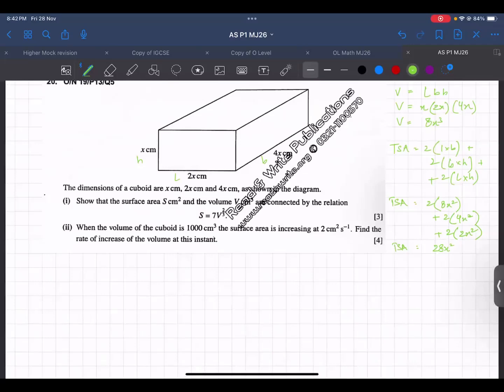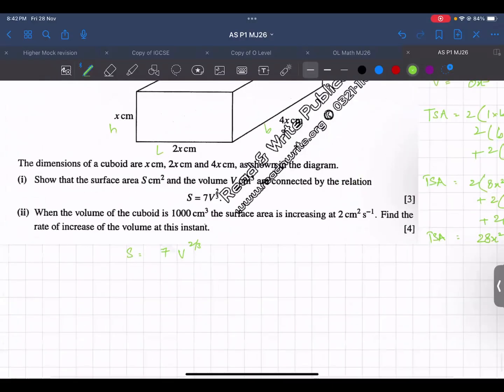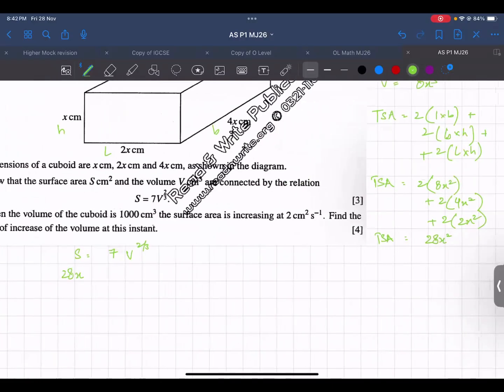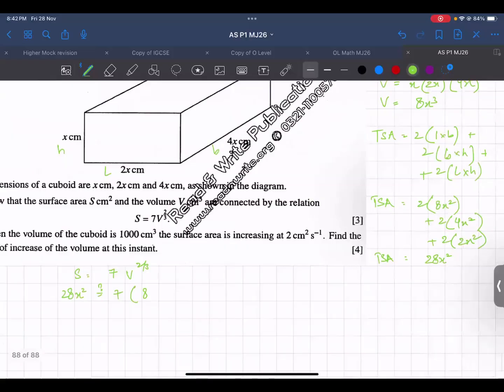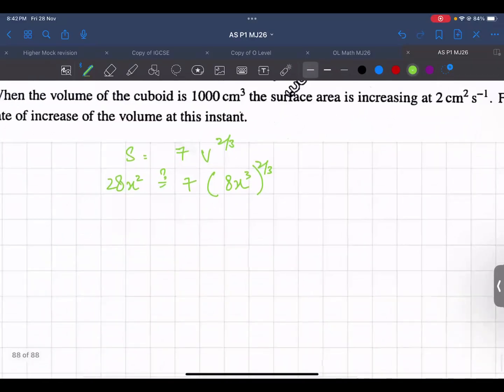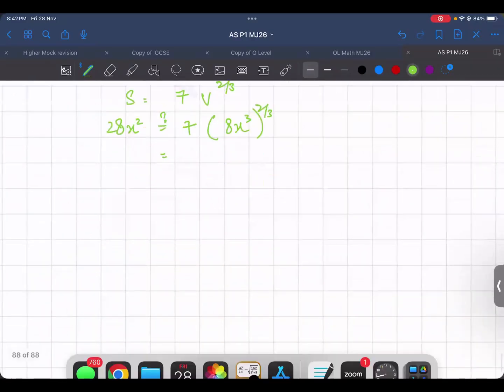And now they're telling you that S is equal to 7V^(2/3). Let's see. The total surface area we have found is 28x square. Is this the same as 7 times (8x cube) power 2 upon 3? So how much will this be? 8 power 2 upon 3.